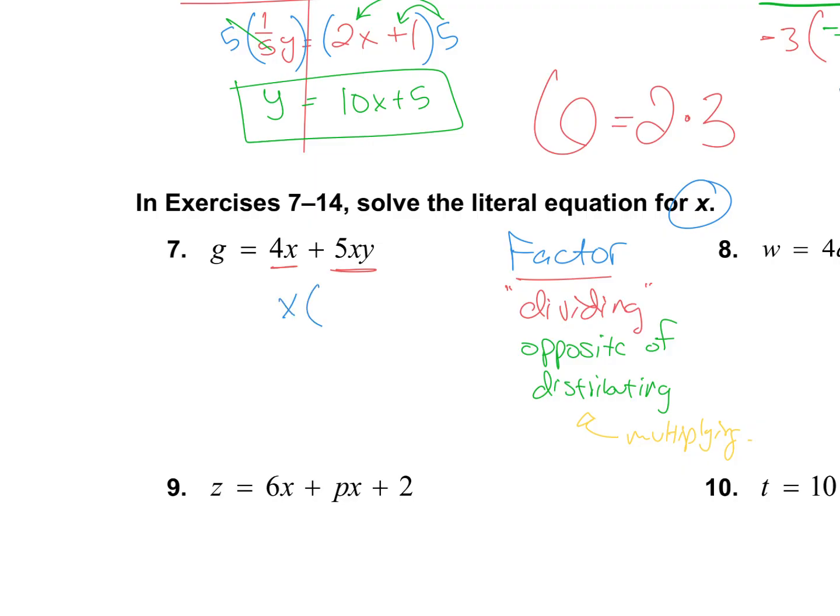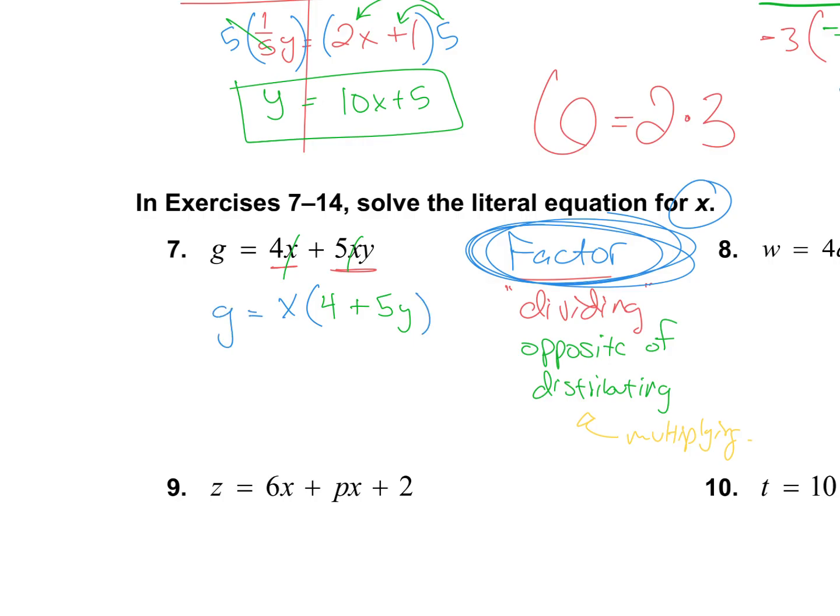And so I'm going to factor that out. I'm going to take out that factor. And what's left behind is a 4, because now that x is gone. Actually, it's not gone. It moved right there, yeah? And then over here, the x is going to be gone again, and it leaves me with 5y, okay?